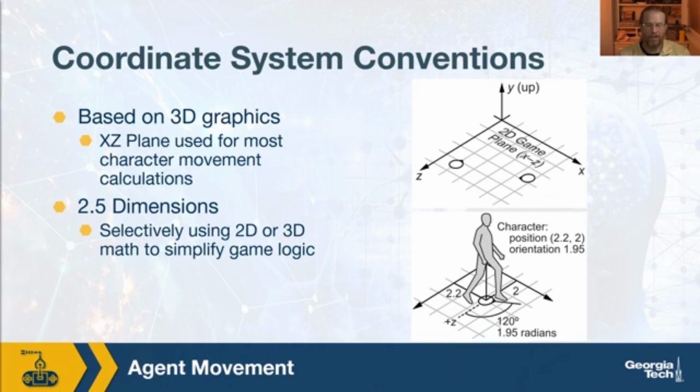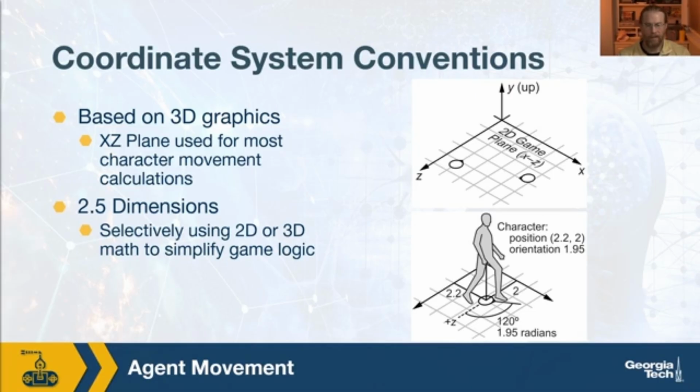And any rotations that the character makes, since it's bound by gravity, it doesn't really make sense to rotate in a direction that would make the character tend to lay down. So we want to keep the character upright. So we're going to actually be rotating the character around the Y-axis. So we have just this 1 degree of freedom rotation that we're concerned about.